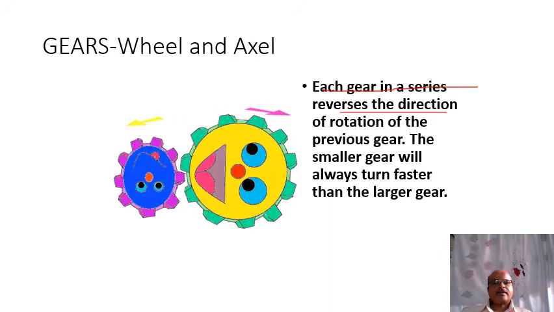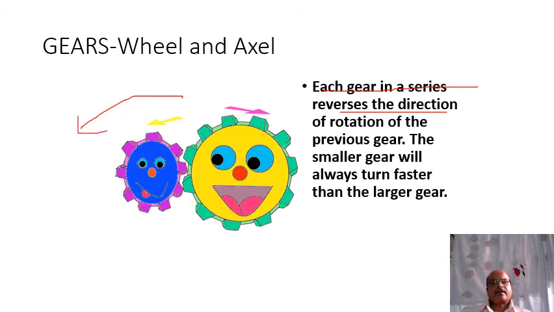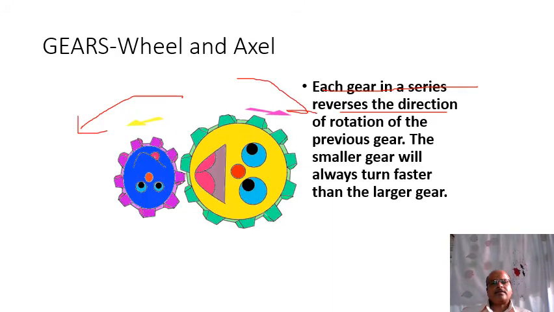Here this gear's direction is along this direction and this gear's direction is along this side. The smaller gear will always turn faster than the larger gear. Okay.